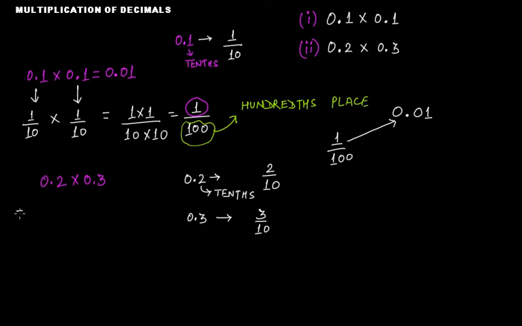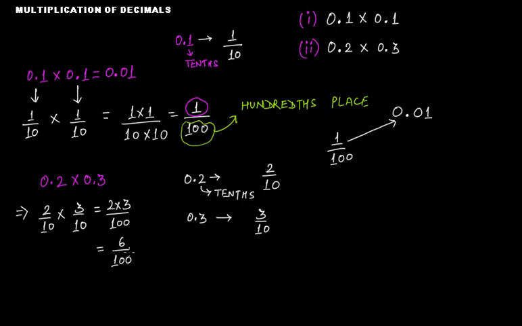Therefore, if we represent 0.2 multiplied by 0.3 as fractions, this is 2 over 10 multiplied by 3 over 10. And if you solve it, then this will be 2 times 3 divided by 100. It means that you have 6 over 100.